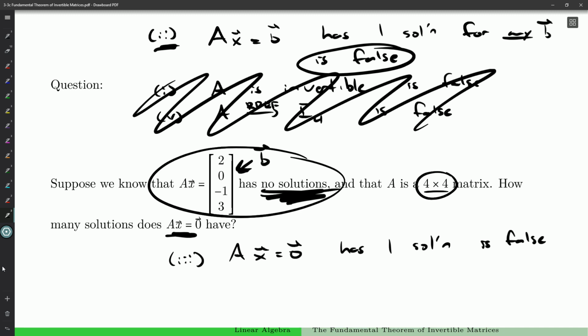If one of the statements is false, they're all false. So our homogeneous system does not have one solution. Homogeneous systems have either exactly one solution or infinitely many solutions. So we conclude that this has infinitely many solutions.